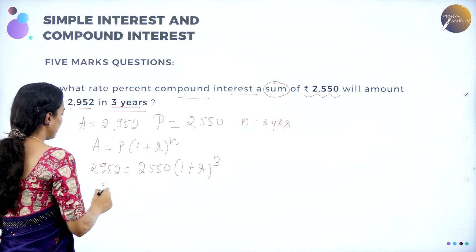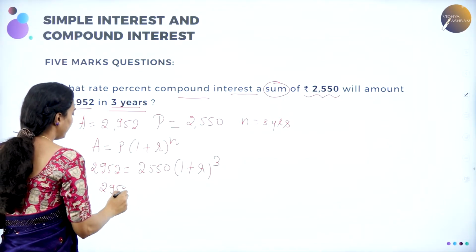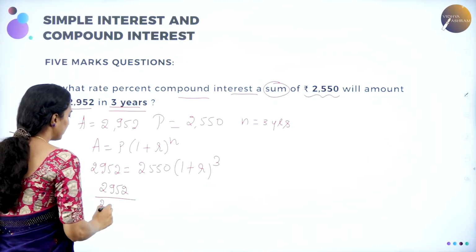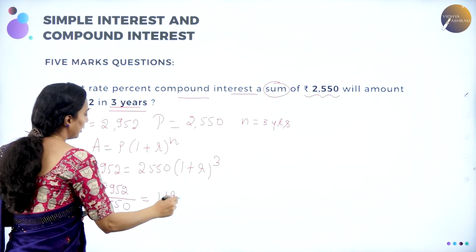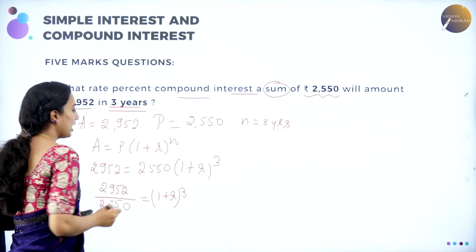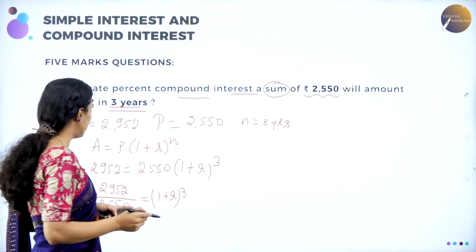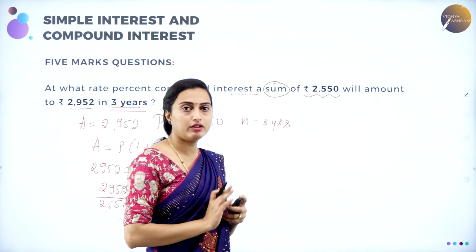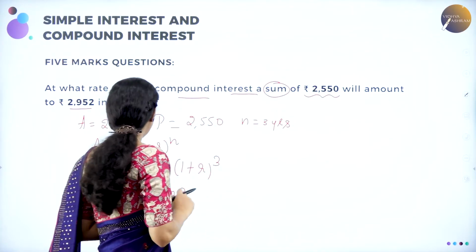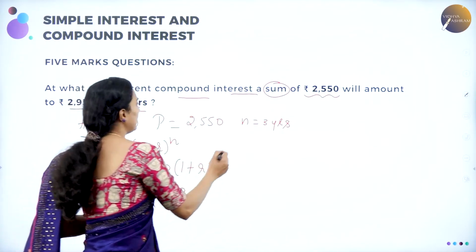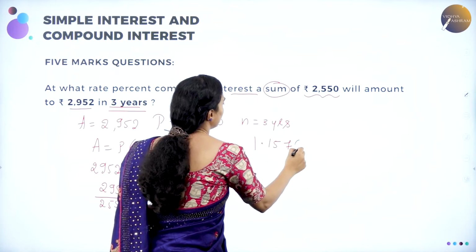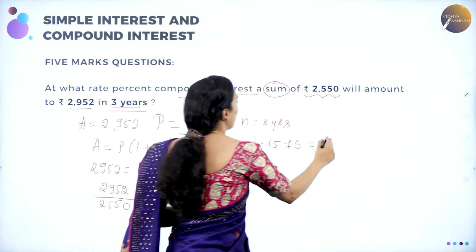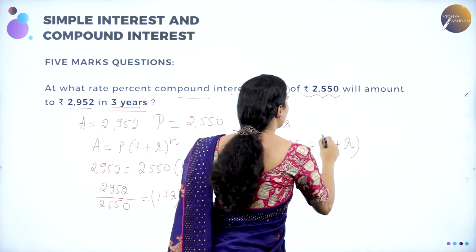You are going to get 2,952 divided by 2,550 is equal to 1 plus R whole to the power of 3. As similar to the first problem we did here, 2,952 divided by 2,550 will be equal to 1.1576. It will be equal to 1 plus R whole to the power of 3.